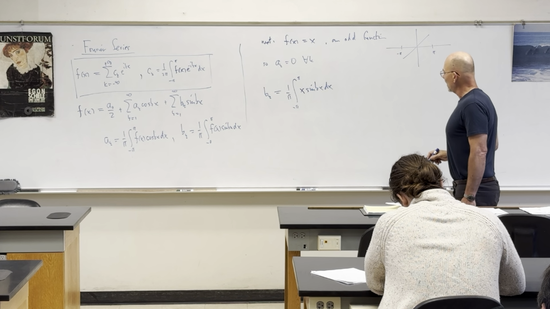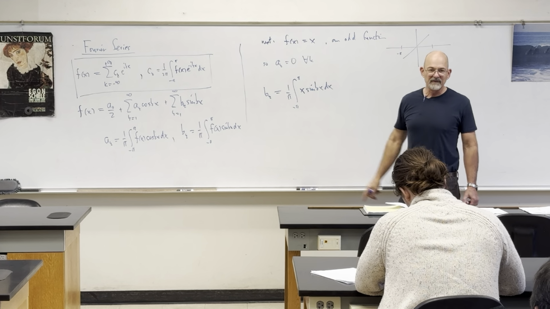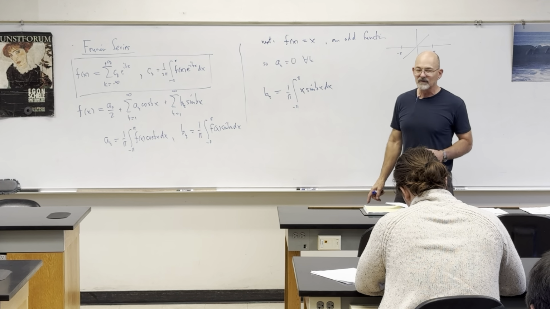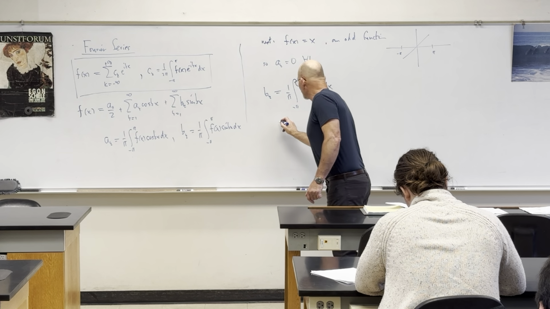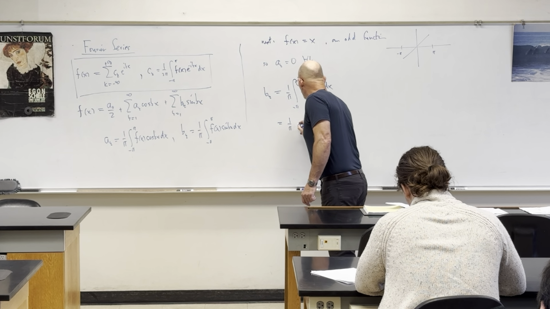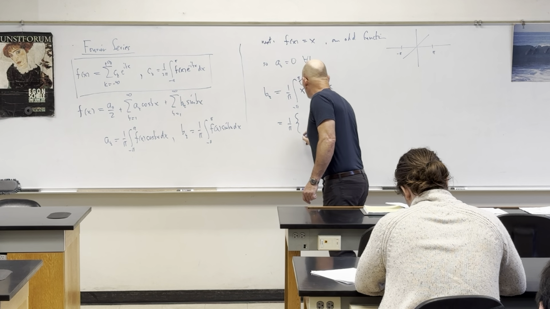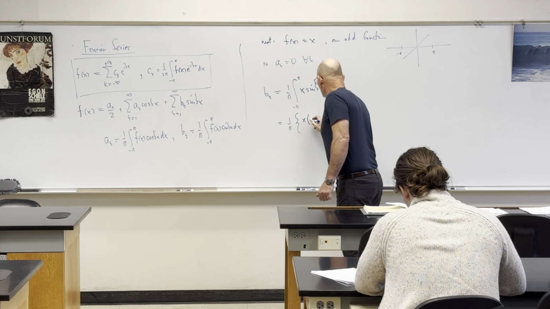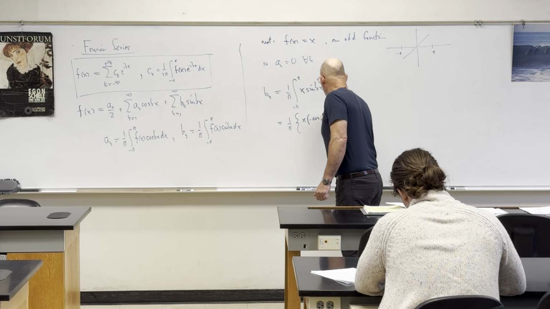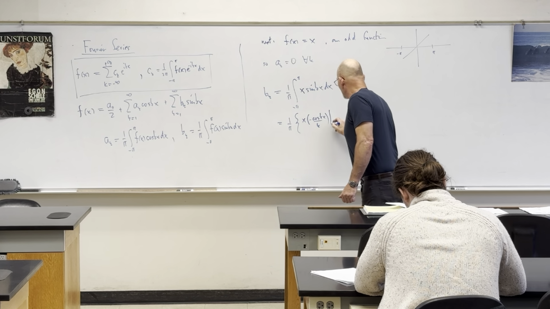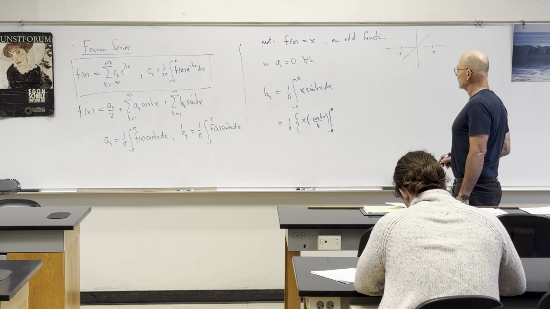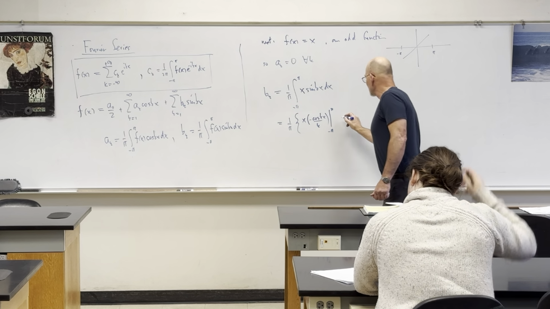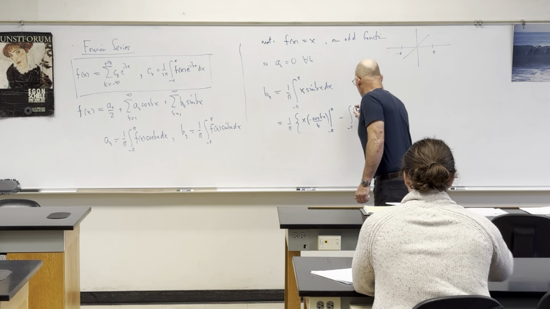So for this, and you know, if we had x squared or x cubed, it would just get worse, but for this we have to do integration by parts. So the integration by parts will have x times minus cos kx over k, evaluated from minus pi to pi, minus the integral from minus pi to pi.